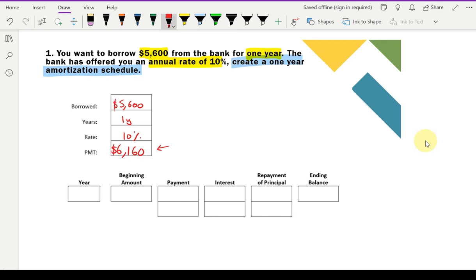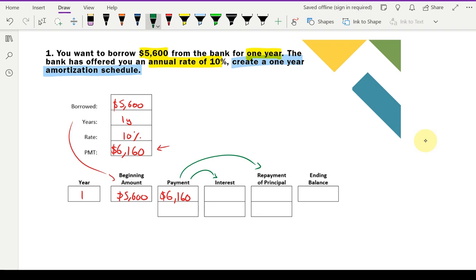So now let's get into our actual amortization table. So we're going to do year 1. The beginning amount is what we borrowed, so that goes here, $5,600. The payment amount is what we've calculated, so $6,160. Now, one thing I want you to know is that the payment is broken down into 2 pieces, the interest and the repayment of principal, okay?